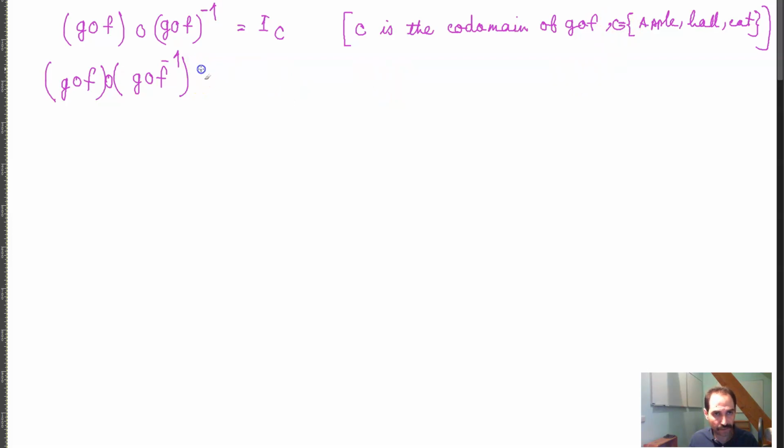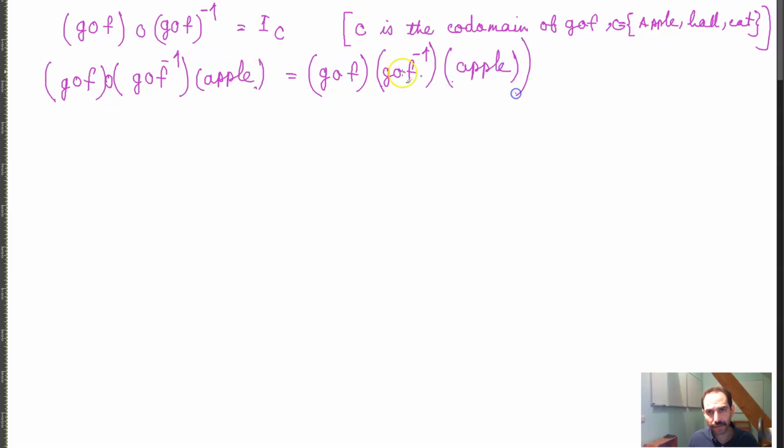So I try apple, for example. That gives me GOF of GOF inverse of apple. Now GOF inverse of apple is simply 1.